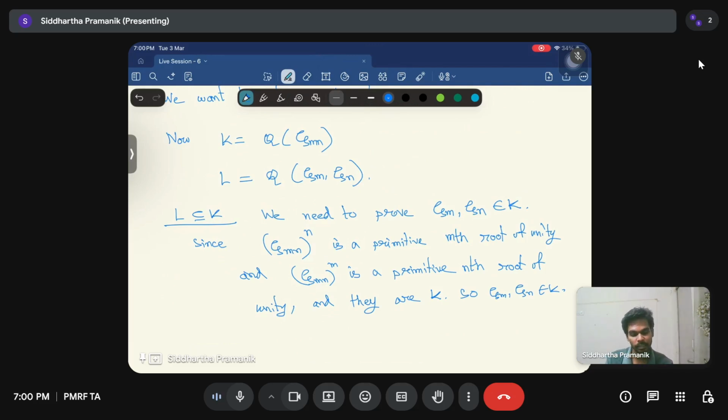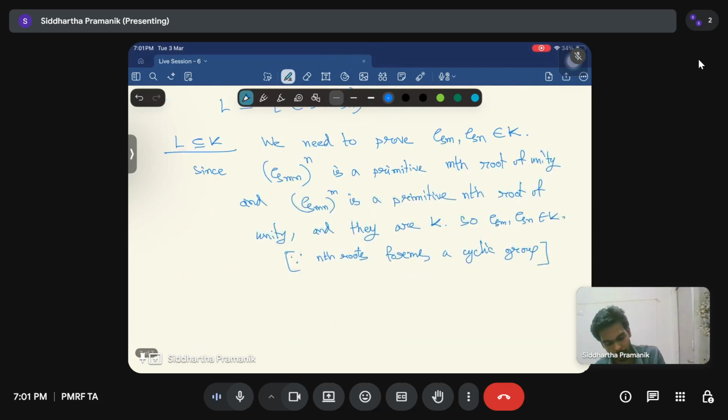Similarly, it contains a primitive nth root, meaning it contains all nth roots, because they form a cyclic group. I am writing it for just one: nth roots form a cyclic group, right? So this proves the one direction.